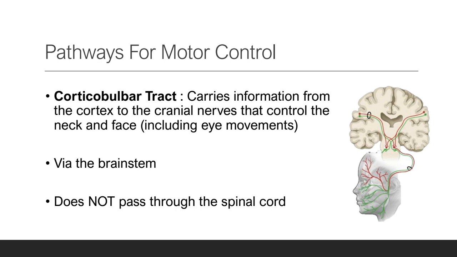So the key thing with these two tracts is that one passes through the spine and one does not. Both systems do have their cell bodies in the cortex with axons sent through the brainstem, and both systems do cross over at the medulla, but the corticospinal tract passes through the spine, the corticobulbar tract does not.